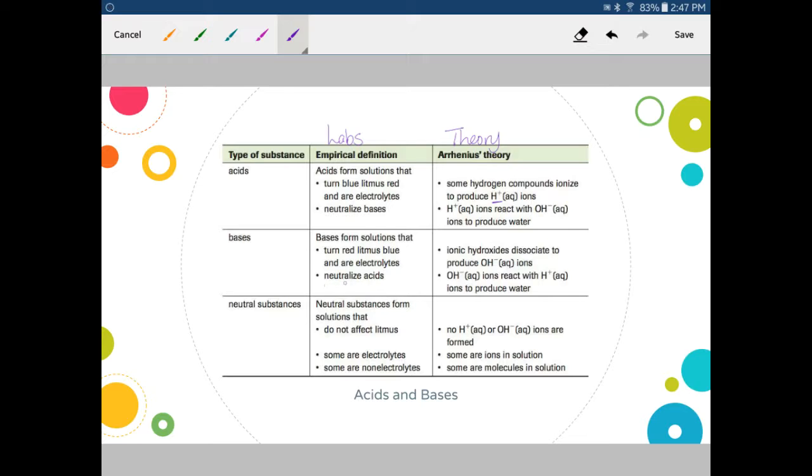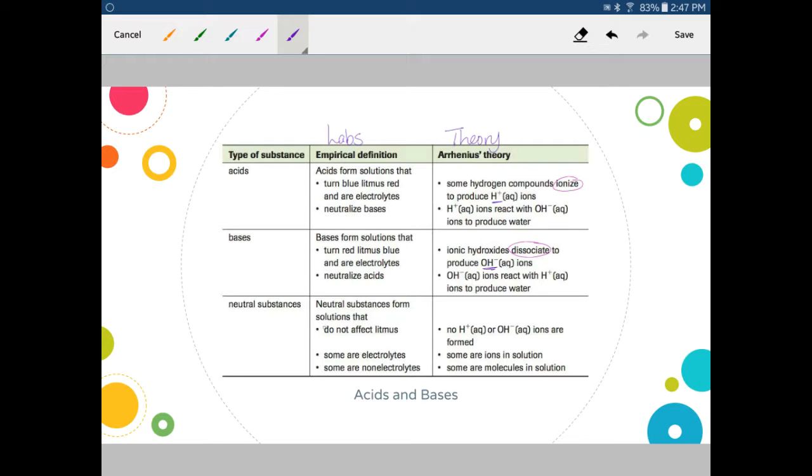We see that they neutralize acids, which is exactly the opposite of what acids do. They are ionic hydroxides and they dissociate. Now, notice our two different words: we have ionize and we have dissociate to produce hydroxide ions. And the hydroxide ions react with hydrogen ions to produce water, or a neutral substance.